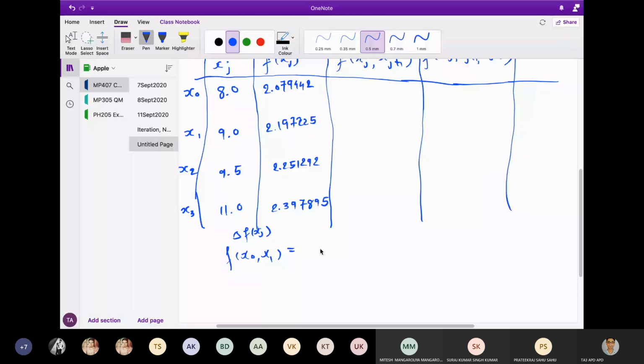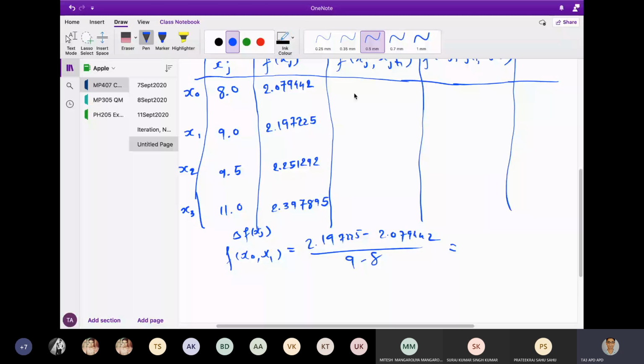So 2.197225 minus 2.079442 divided by 9 minus 8. Okay, so difference of these two, and this number whatever you are getting should be put in between these two. That I am just directly writing the answer.